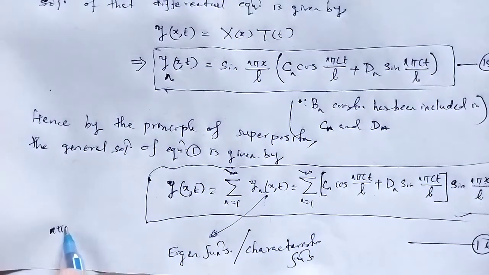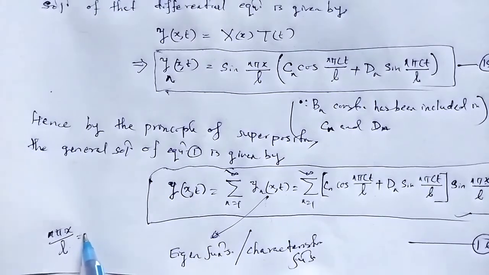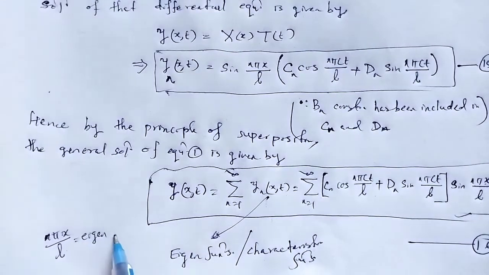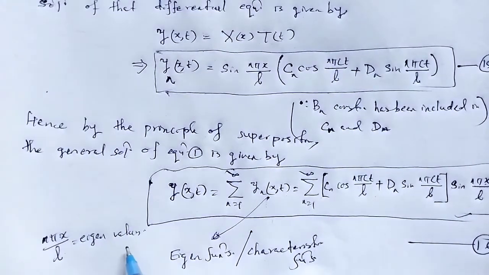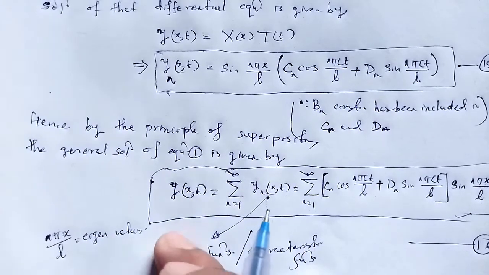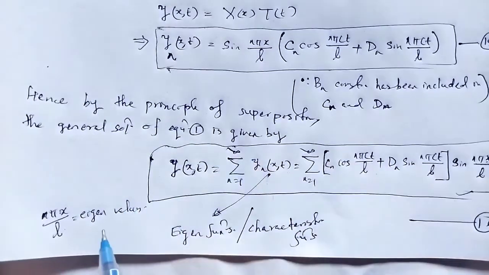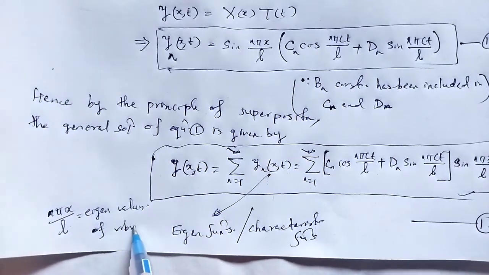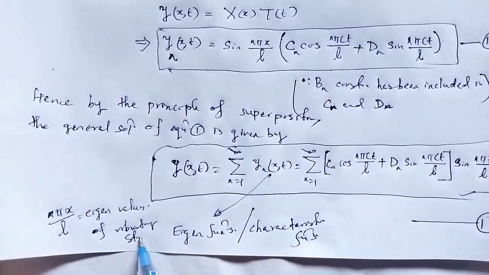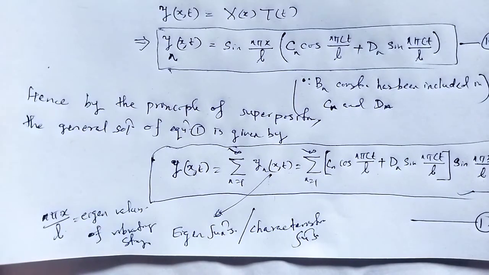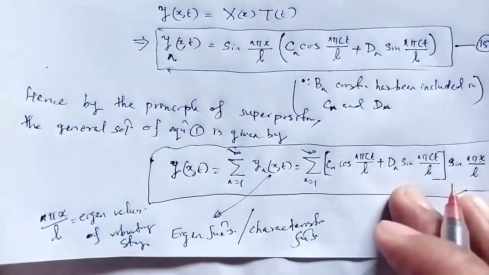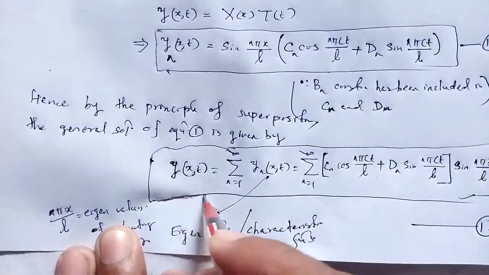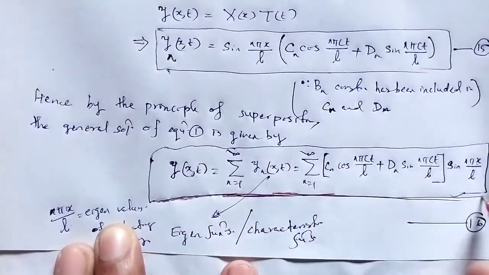N pi by L is known as the Eigen values of the vibrating string. This one is the general solution of the wave equation.